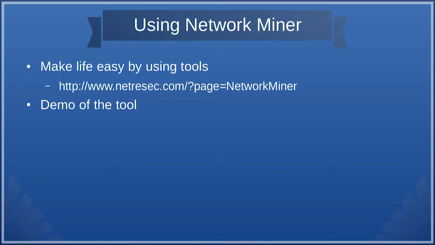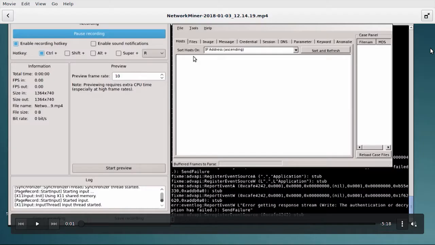We will use a tool called Network Miner and look at a demo of how to answer all these questions. Please understand that the same work can even be done with command line tools like tcpdump, T-Shark, etc., but having a framework like this actually helps. We will now look into the demo of the tool.